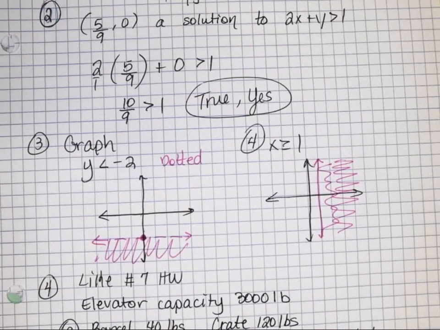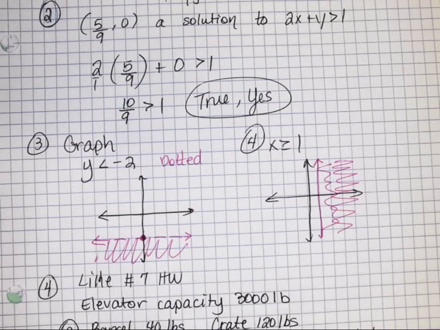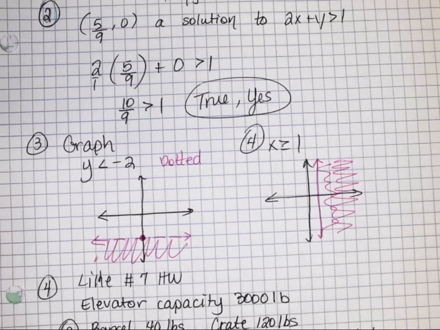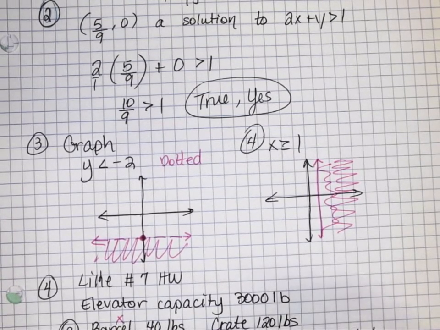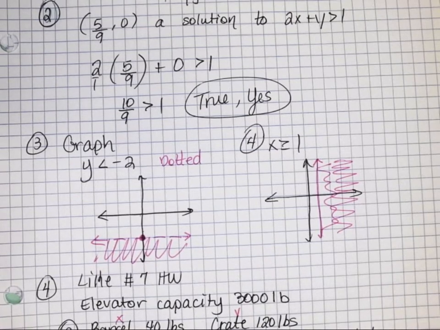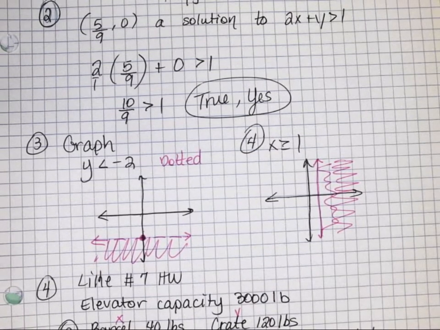Okay, so what you want to do, I've got X amount of barrels that weigh. We'll let the barrels be X and we'll let the crates be Y. You can use whatever variable you want. MathXL does not care. You can use B and C for barrel and crate if you want to.